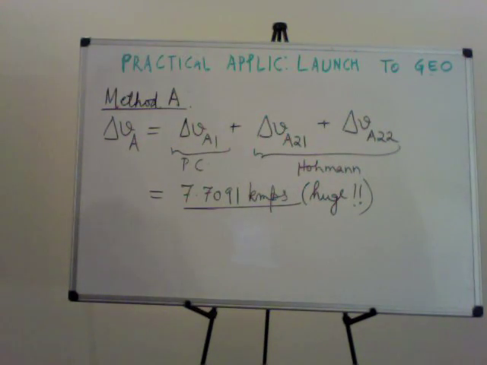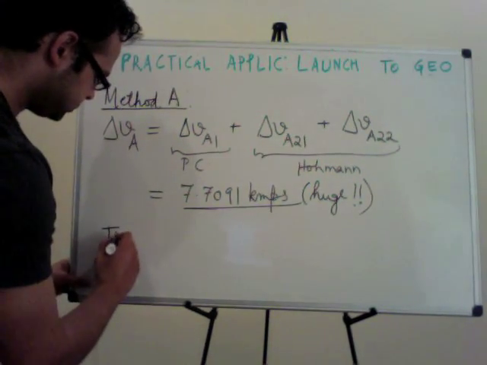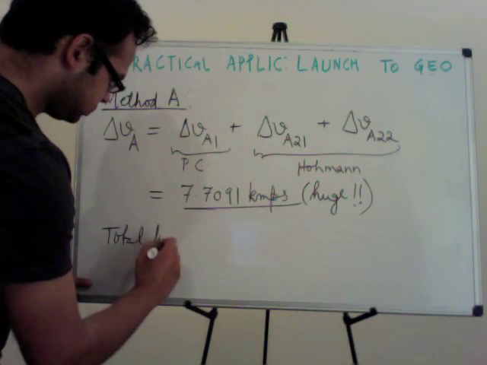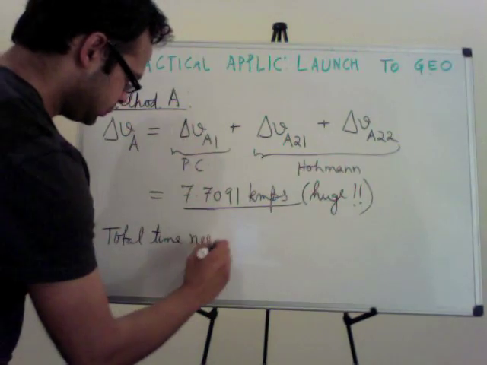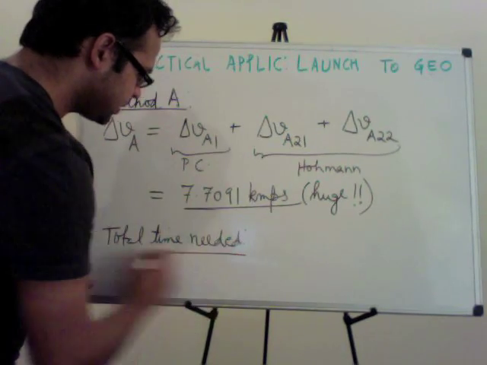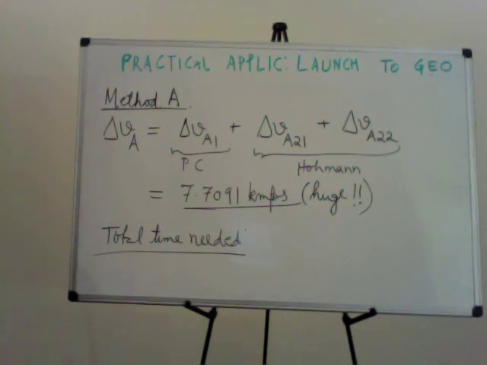Now what I'm going to state next is false, but just go with it for now. The time needed. What is the time needed for this entire maneuver? The plane change maneuver takes no time because it's just an impulse.